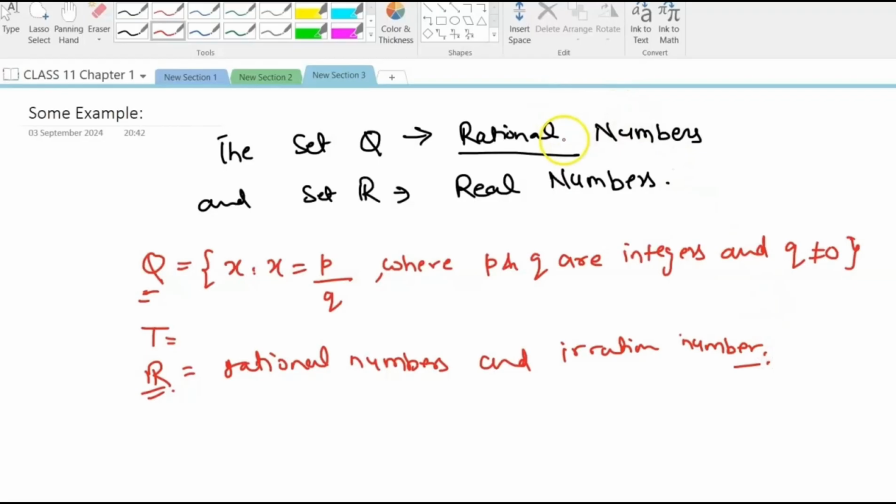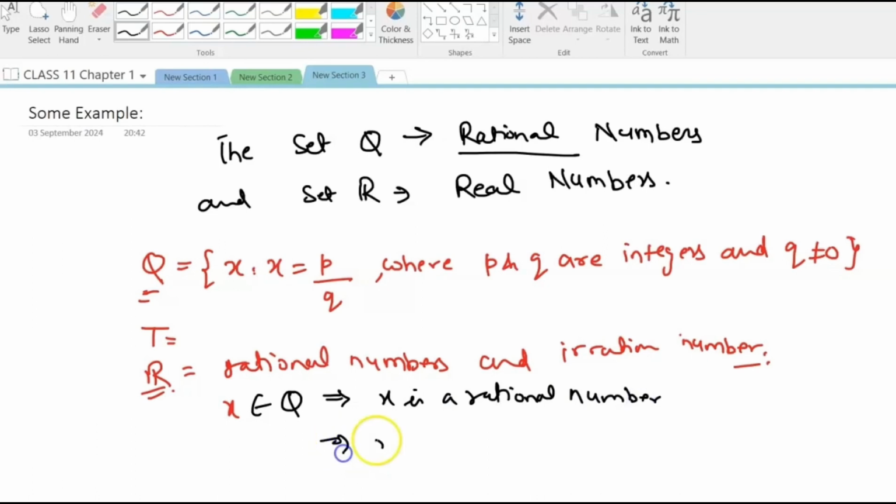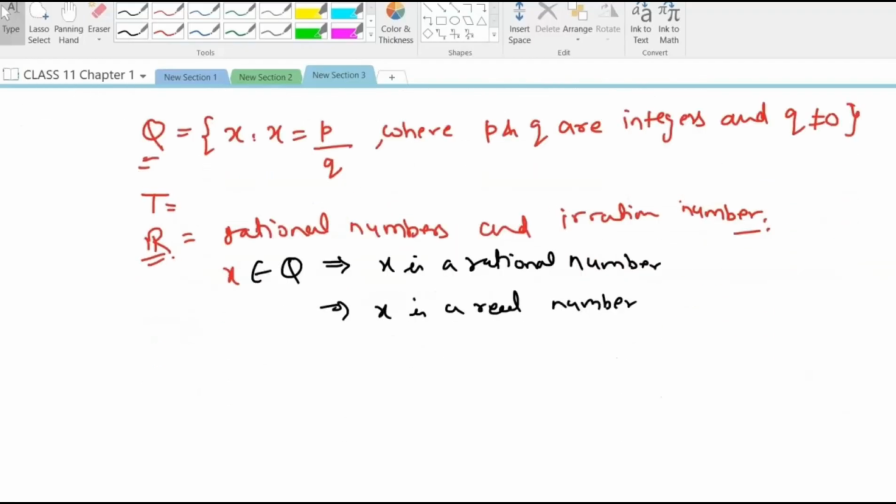So it means if an element x belongs to Q, that is, x is a rational number, then this will also be a real number. Why? Because real numbers are nothing but the set of all rational and irrational numbers.